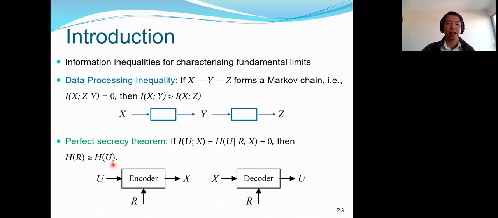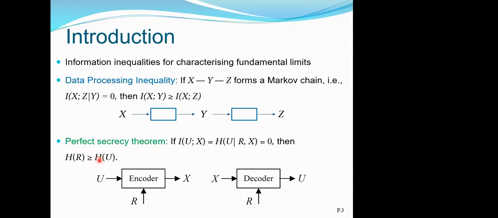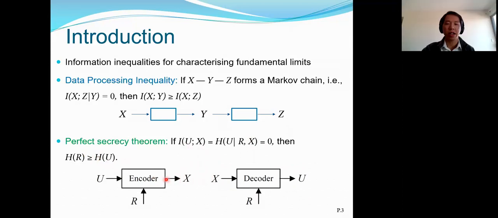The insight we get from this formula is that if we want to achieve perfect secrecy here, that is, U and X are independent, then we need to initially share secret randomness which must be larger than or equal to the message size. So from these two examples, we can see an application of proving information inequalities and how it can help us to analyze a communication system.